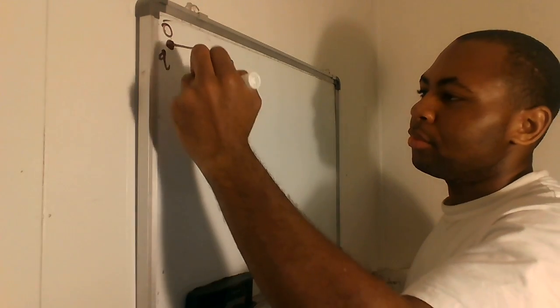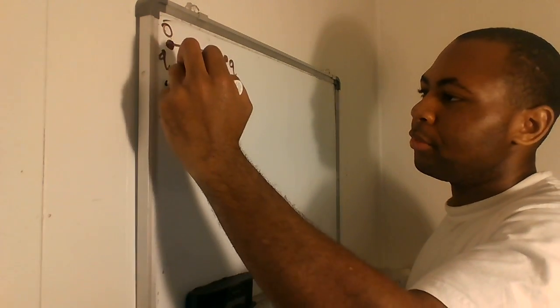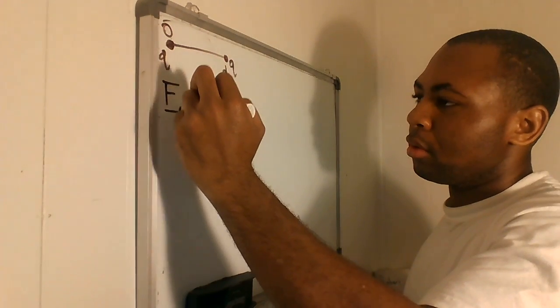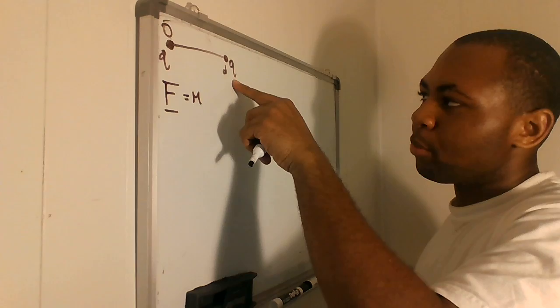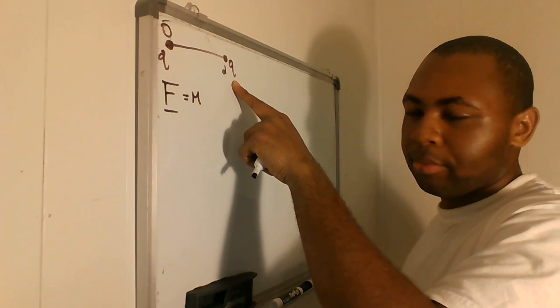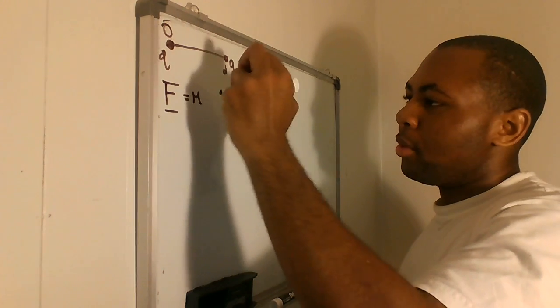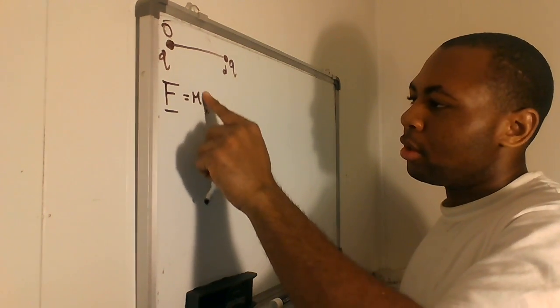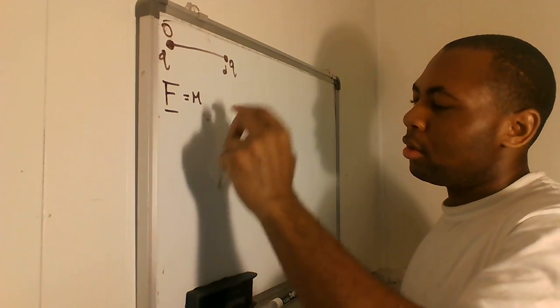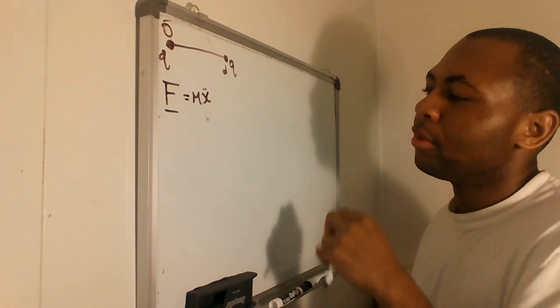So where do we start? Well, let's start with Newton's law. We've got a force, and the total force on this particle, because this is the particle that we're speaking in reference to, has a mass m, is, let's not use d, is m x double dot, since we're moving in one direction.